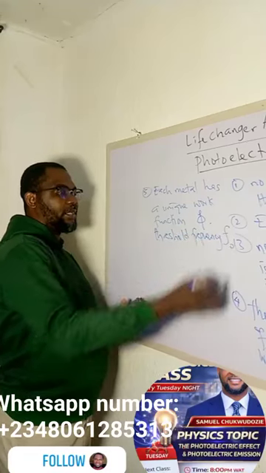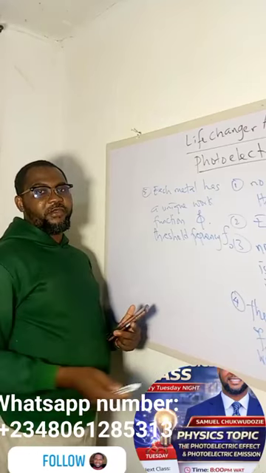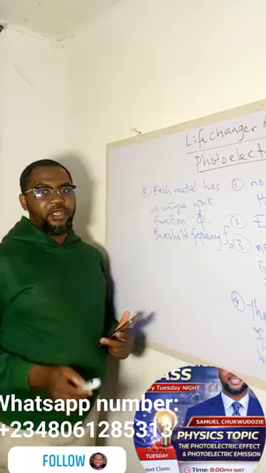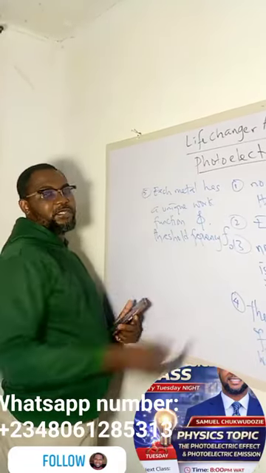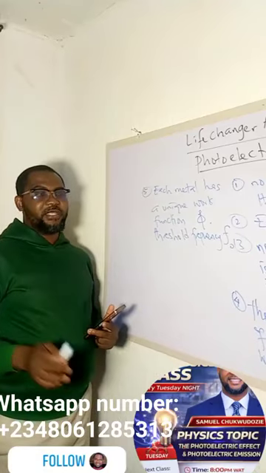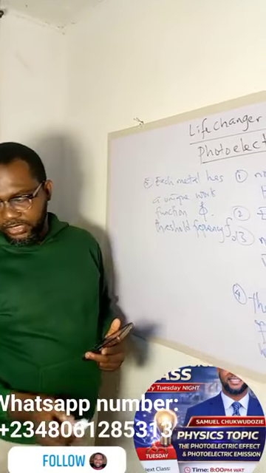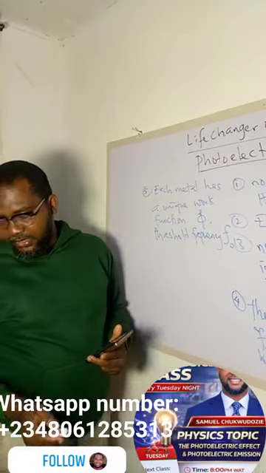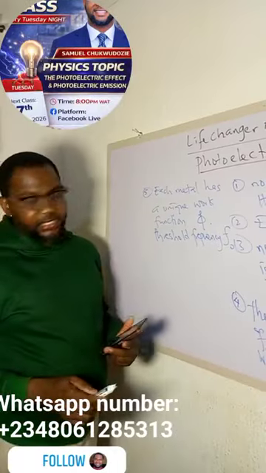That's very important for you to note. The symbol of threshold frequency is F0, and the symbol of work function is phi. Please don't forget. Later I'm going to show you the relationship.